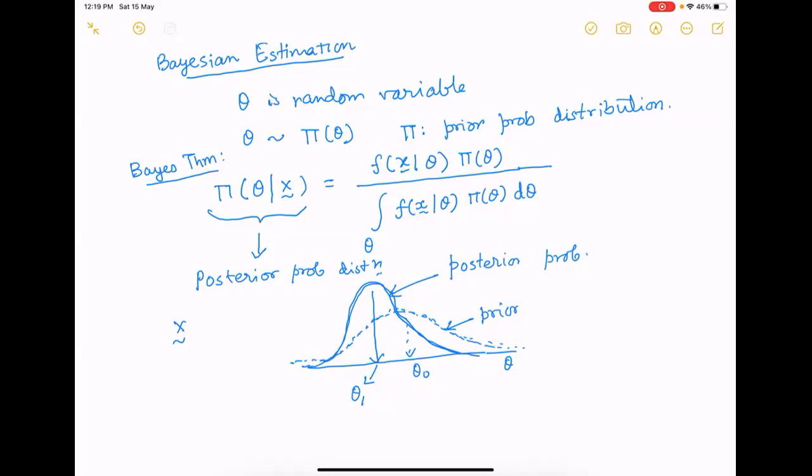Okay. Thank you, sir. So this is a 30,000 feet view of what Bayesian estimation does. Now, note that here is one interesting thing.